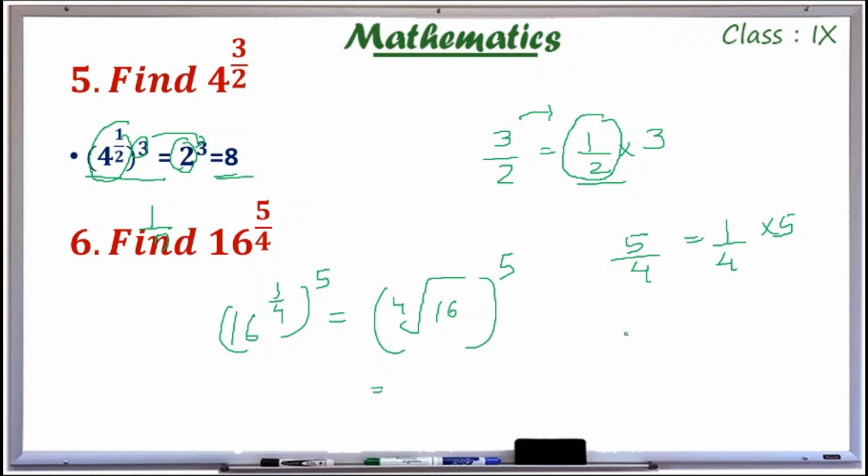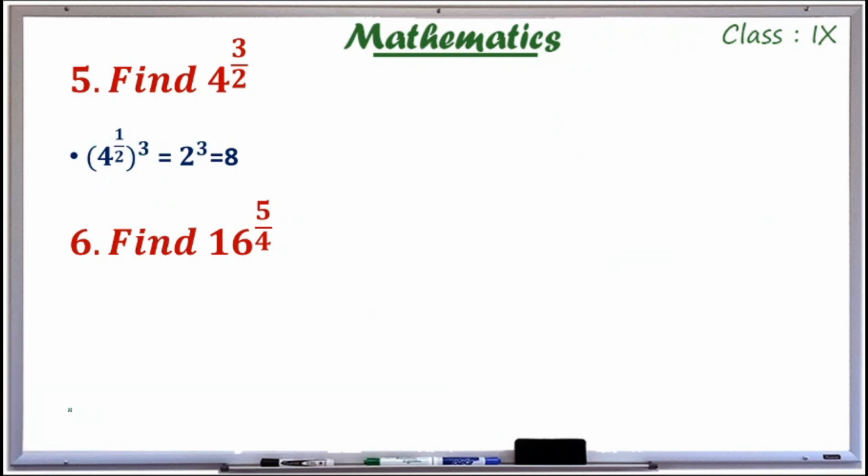The 4th root of 16: 16 is obtained by multiplying a number 4 times. Here it is 2. 2 is the answer, and this is raised to 5. 2 raised to 5 is equal to 32. So this is the answer. This is how you have to find the powers.